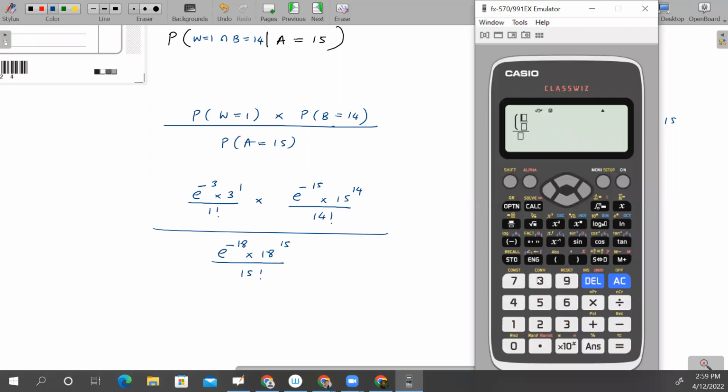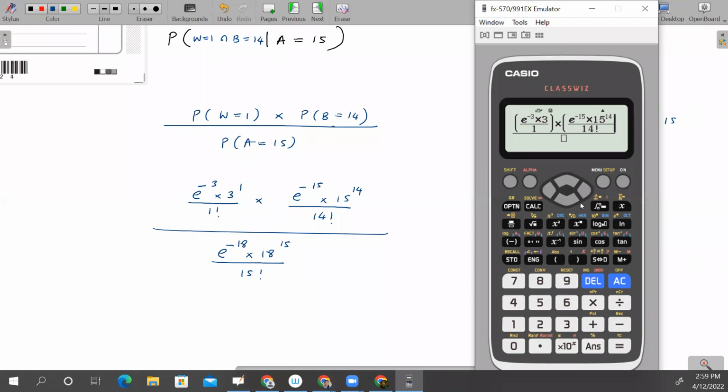So I'll give brackets and type it. e to the power minus 3 into 3 to the power 1 over 1 factorial. 1 factorial is 1. Multiplied by, the brackets are actually not necessary, but I'm typing it just so that it becomes clear to you all, e to the power minus 15, 15 to the power 14 over 14 factorial.